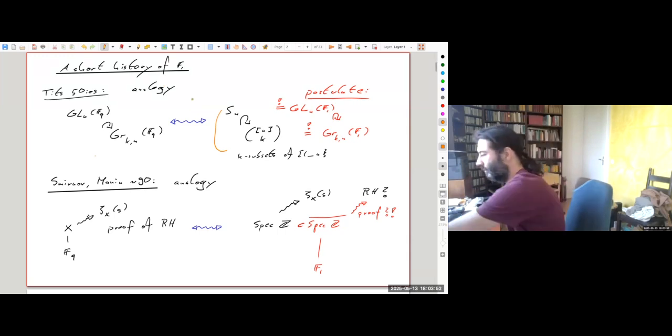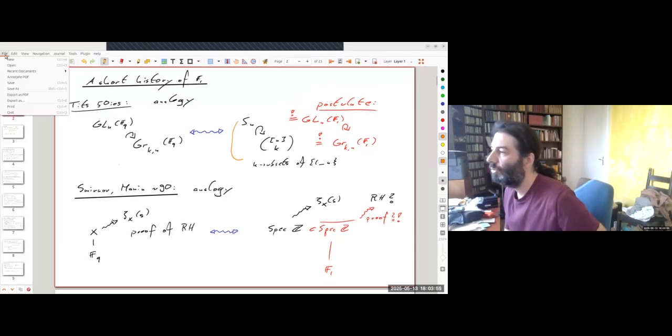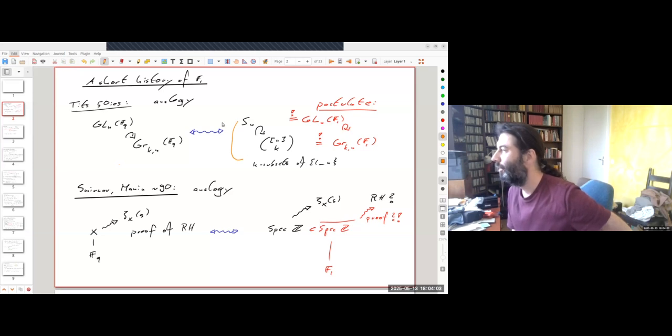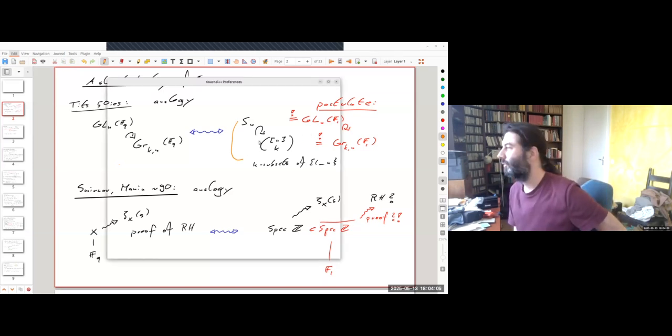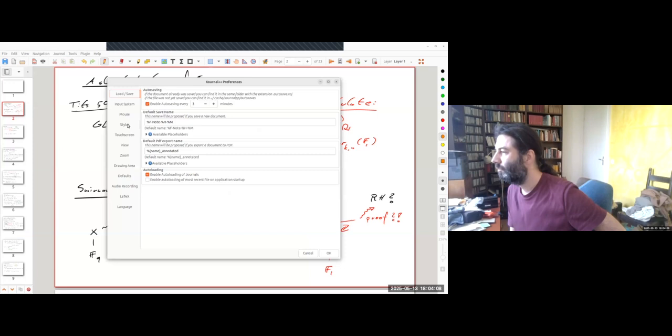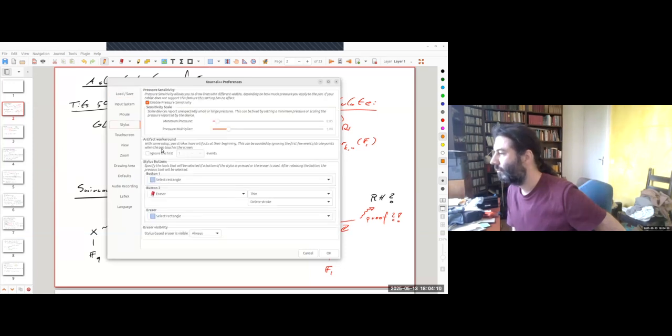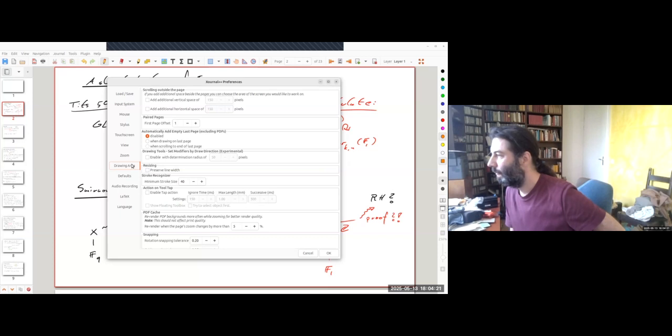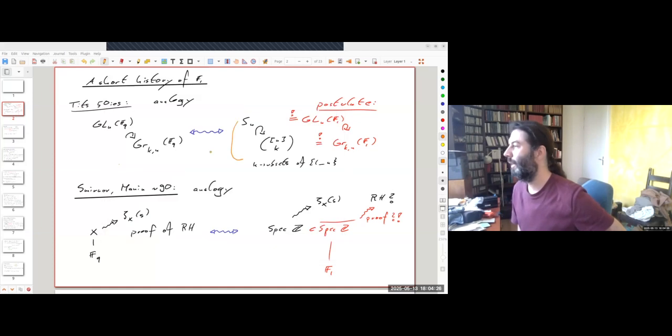Just give me a moment because I forgot to do one thing. Can I increase the pointer a little bit? Oh, this is coming up. Okay, sorry, I don't find the option. We will manage without, so I will mark up some things.